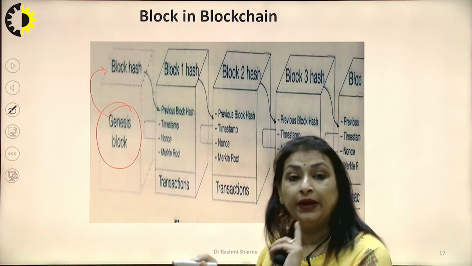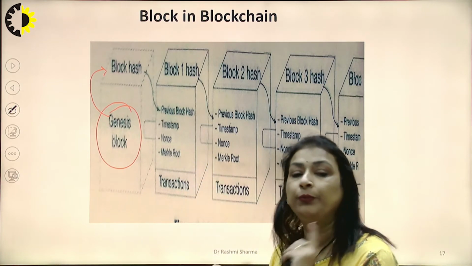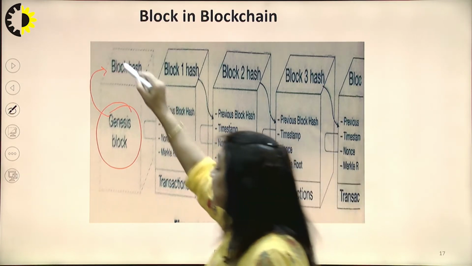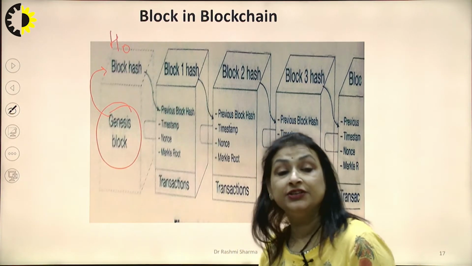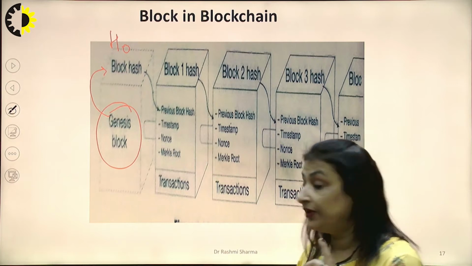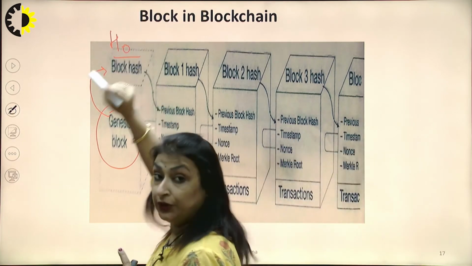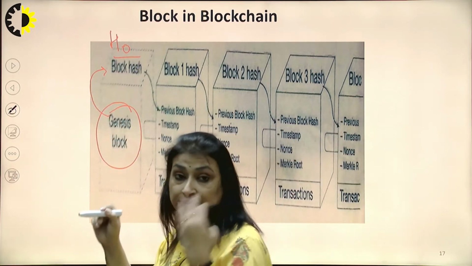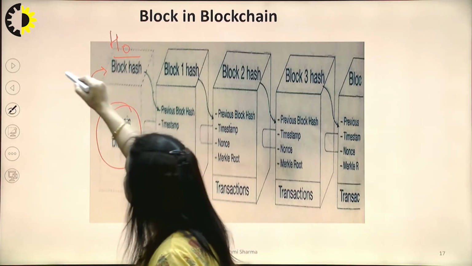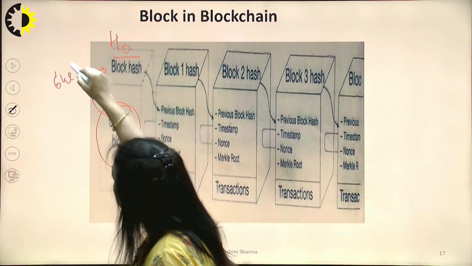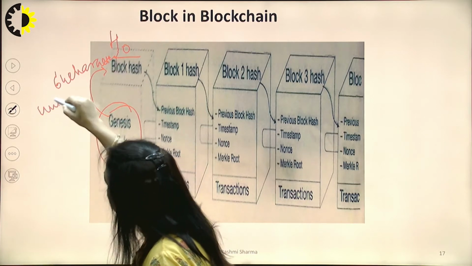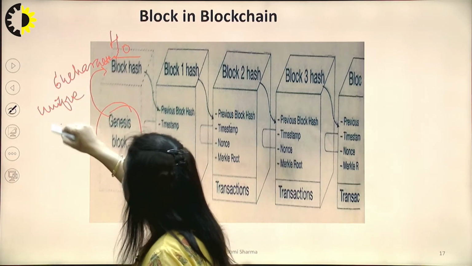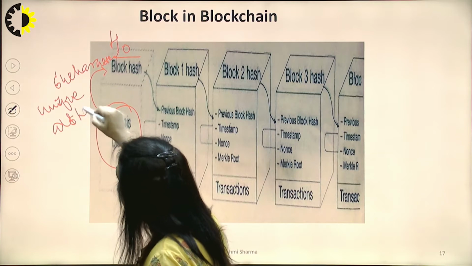Obviously, this would be a fixed alphanumeric value. In terms of the hash, this is acting as H0, the first hash value H0 which we have seen in the hash function chain rule, and this would be a 64-character unique alphanumeric value.